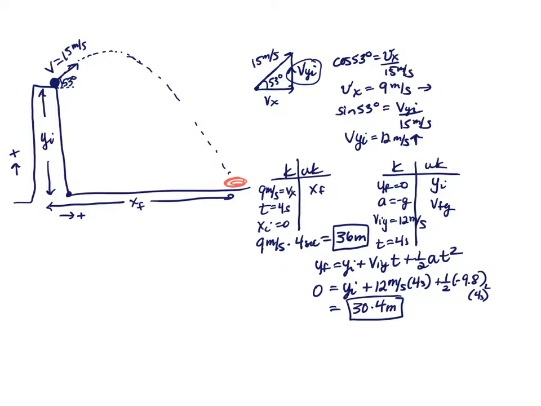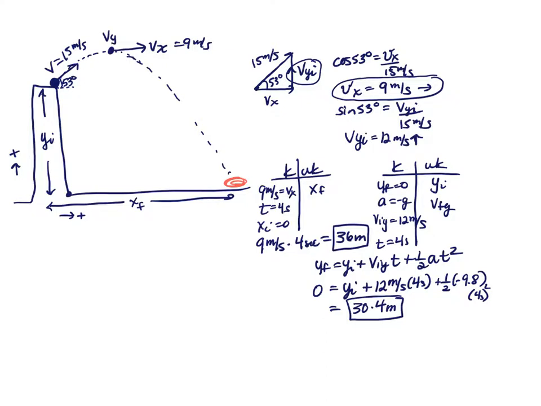The last question this asks you is, how high does the cannonballer get? What's going on at the top? And you have to remember a few things to solve this part. First, you have to remember that at the top of a projectile's trajectory, at the top of the parabolic path, momentarily it's only moving horizontally. So the only velocity that persists at that moment is the Vx, in this case 9 meters per second.